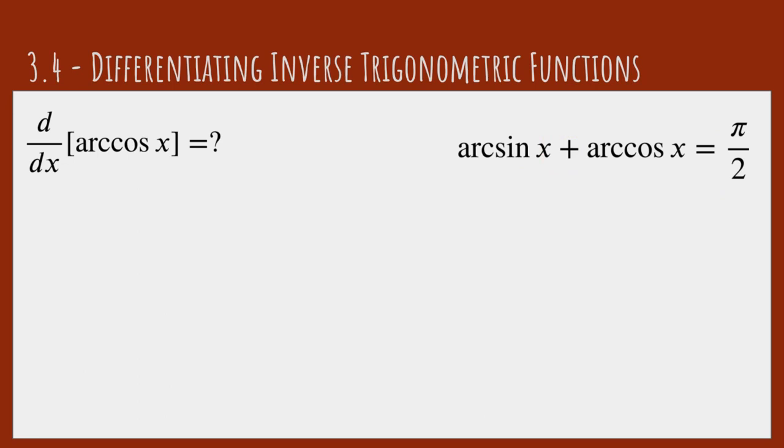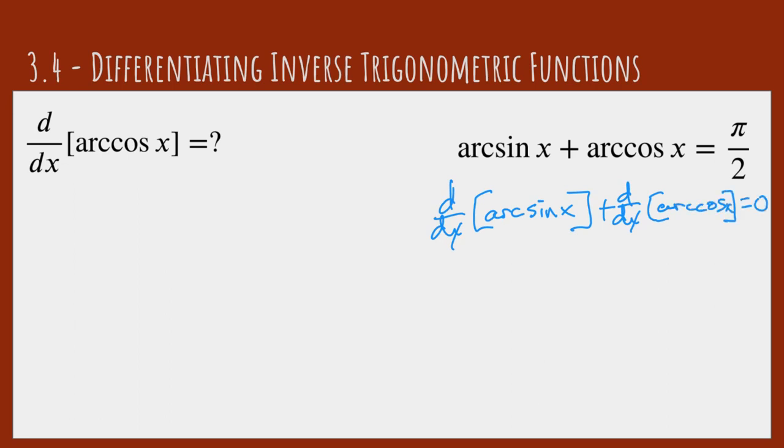Okay, so if we take the derivative with respect to x of arc sine of x, plus the derivative with respect to x of arc cosine of x, it is equal to 0, because the derivative of pi over 2 is the derivative of a constant, which is 0. What that means is these are actually opposites of each other. Whatever the derivative of arc sine is, the derivative of arc cosine is just going to be the opposite, so that when we add them together, we get 0.